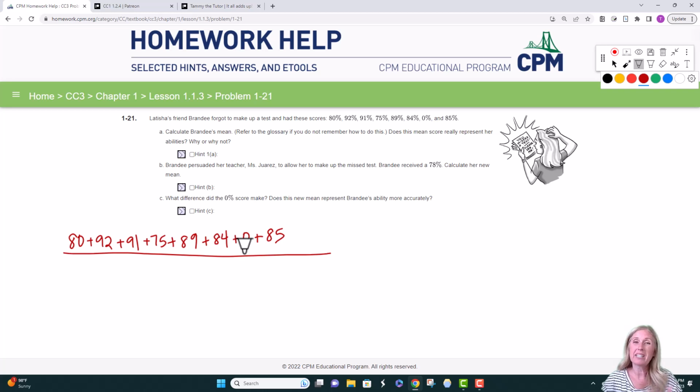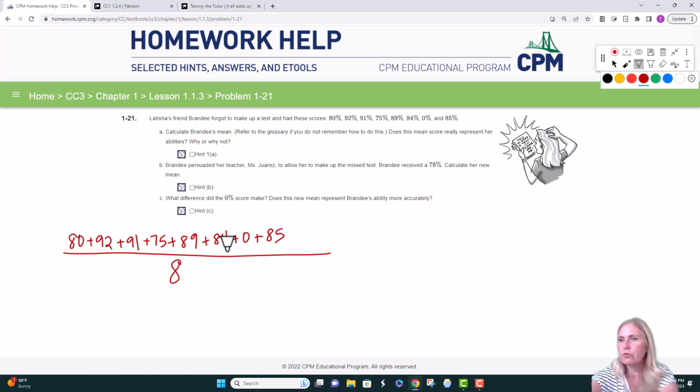But don't leave it out, because when I said you have to go back and divide it by the number of numbers you added, 0 was really, truly one of those numbers. So you need to count that. I would not have counted that if I had left it out. There's 1, 2, 3, 4, 5, 6, 7, 8. I'm dividing all of that by an 8. If I had divided it by 7 because I thought the 0 didn't matter, then I would have gotten this incorrect.